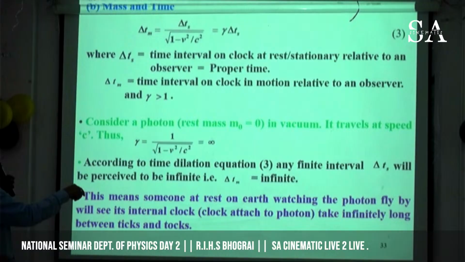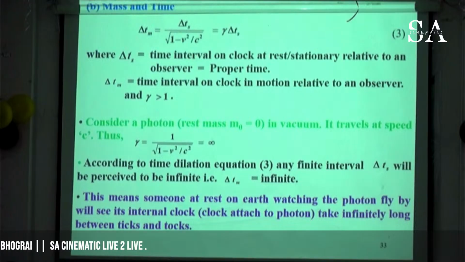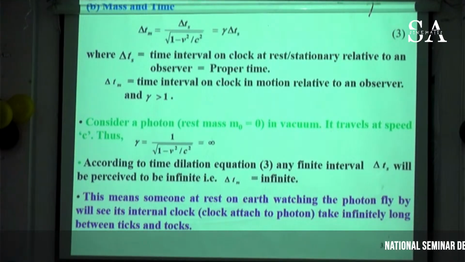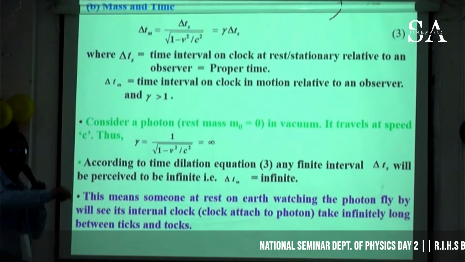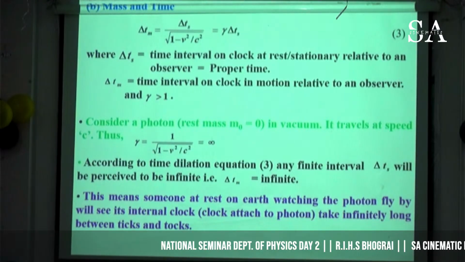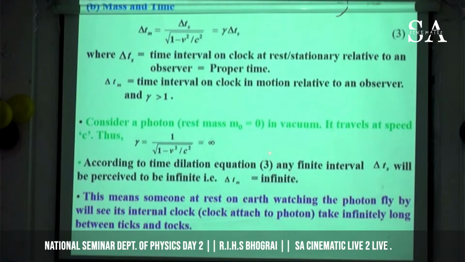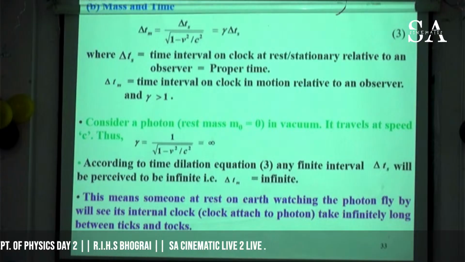Now consider the case of a photon. The photon is massless, you know. For a massless particle we have already seen that gamma will be infinity. If gamma is infinity and delta Ts is finite, we get delta Tm equal to infinity. What is the meaning of delta T infinite? According to time dilation, delta Tm will be infinity.